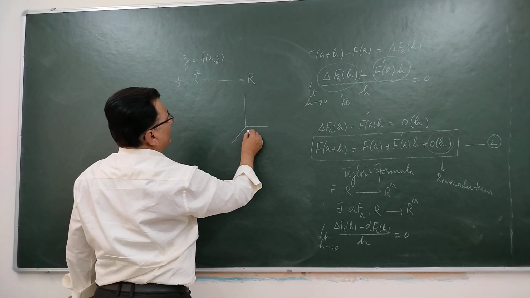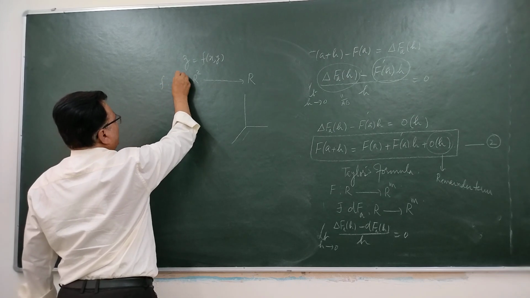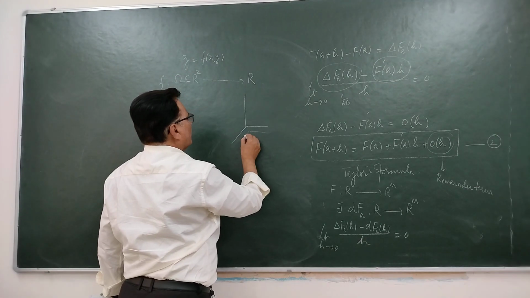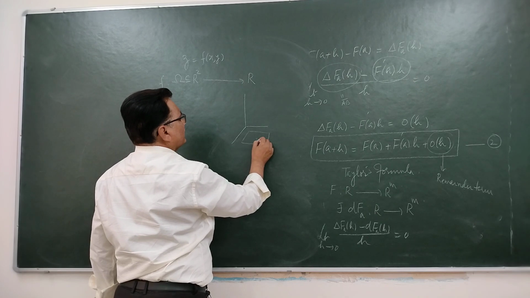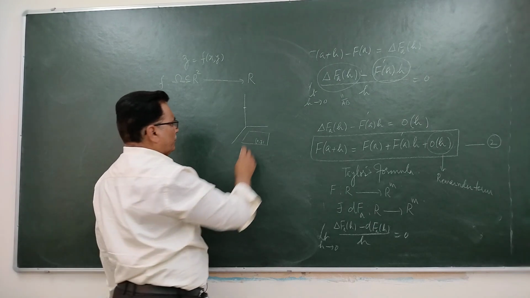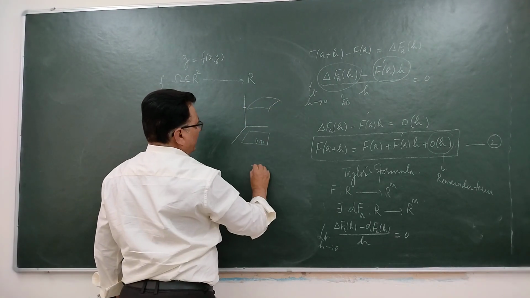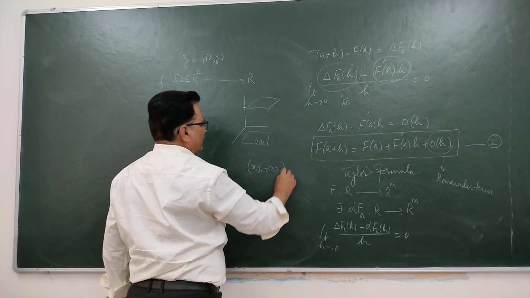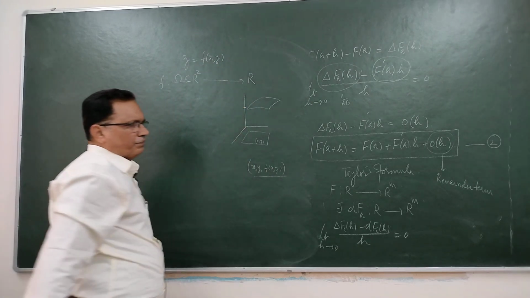The domain I will take over here, suppose this domain is some omega, an open subset. Let me take it a rectangular domain, no problem. So what I am doing, I am taking points in this rectangle and the image is a real number over here. So if you draw the graph, it means the collection of all points (x, y, f(x,y)). The collection of all such points is the graph, which comes out to be a surface.